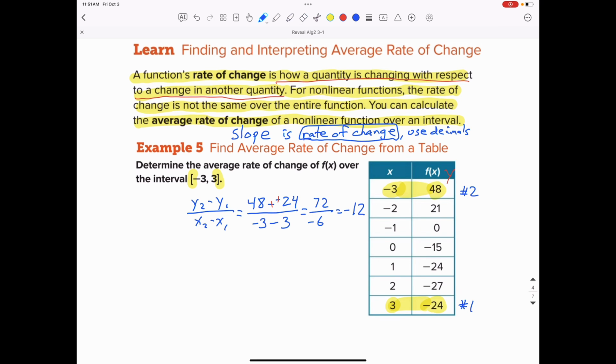So what that means is that y is dropping 12 units for every time x increases 1 unit. So that is a 12 unit decrease in y for every 1 unit of x.